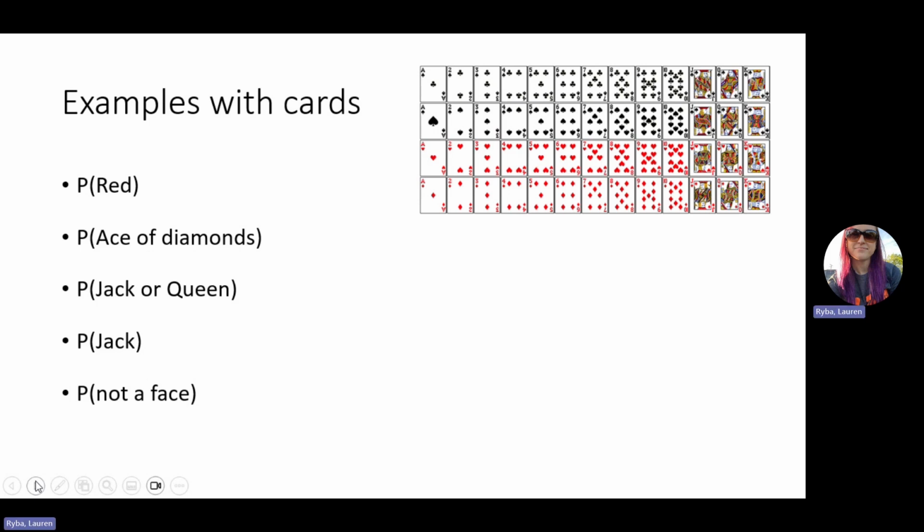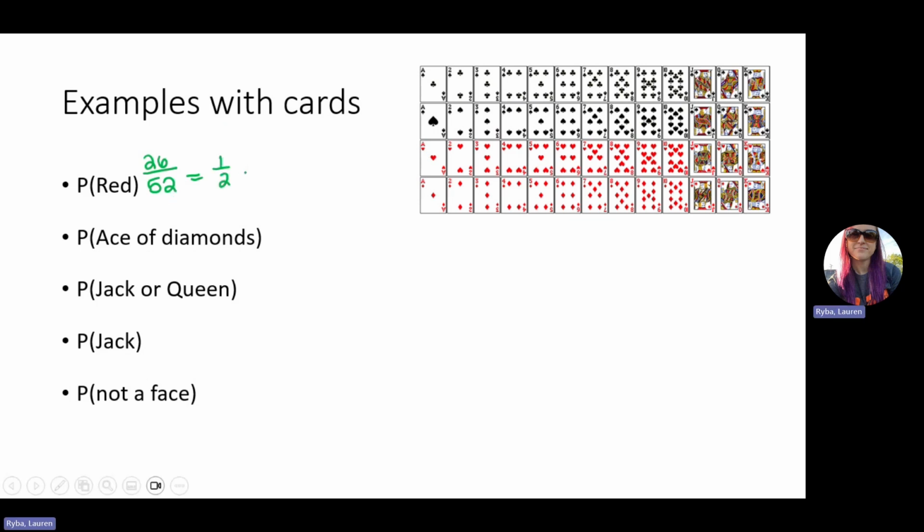First question says, what is the probability that I were to get a red? Well, one way to think about this is to actually count how many reds there are, right? So there are 26 reds out of 52 total cards. So I could have counted this. That would have been 13 in this row and another 13 in this row. Gives me a total of 26 out of 52.